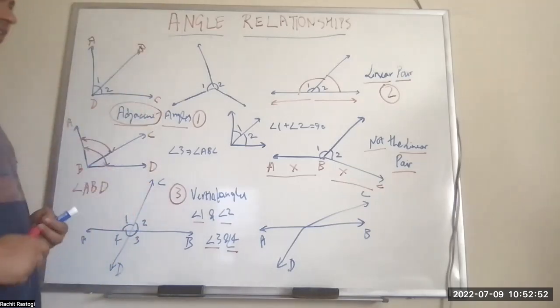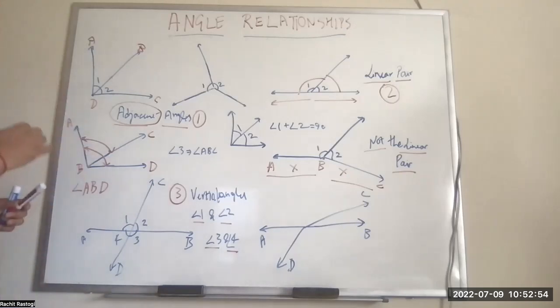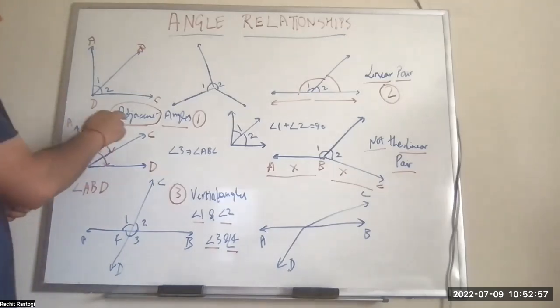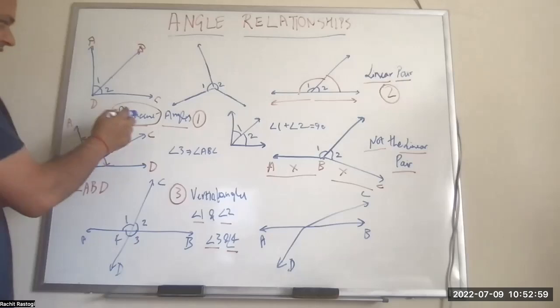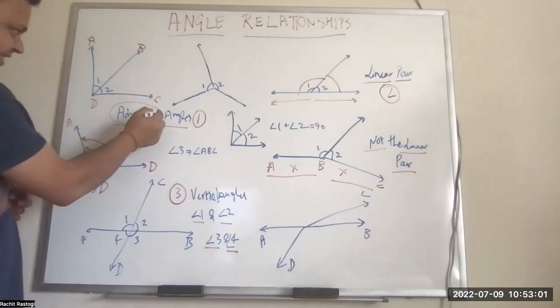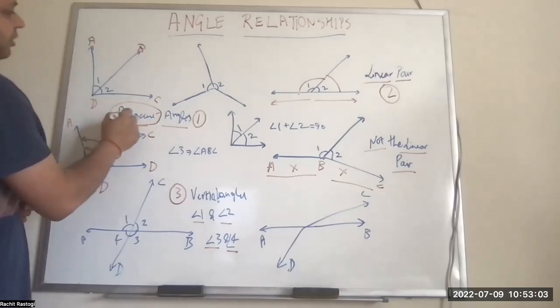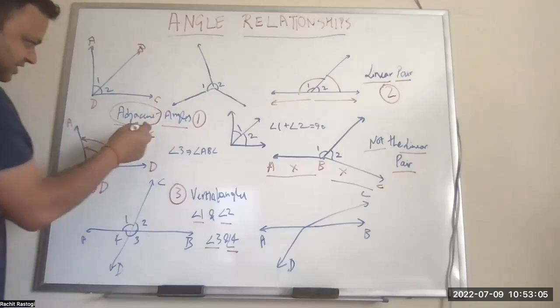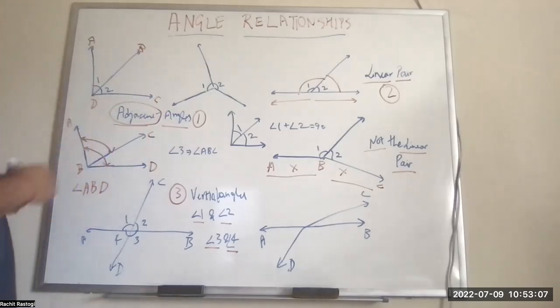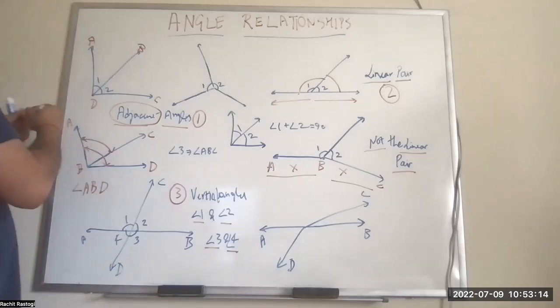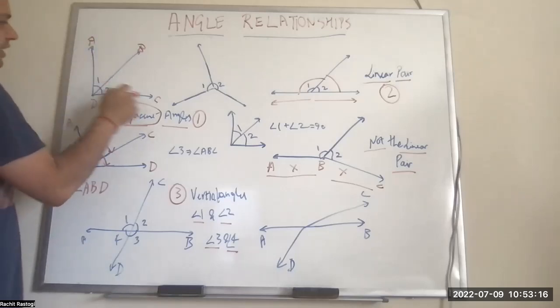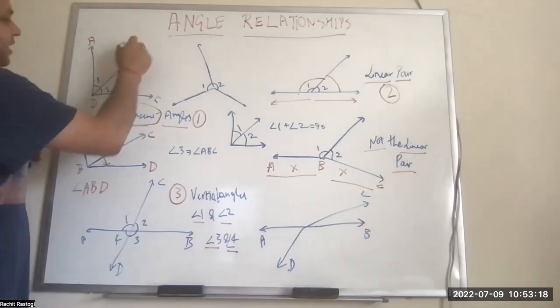There'll be several scenarios. The first scenario that we're going to talk about is adjacent angles. The word here is catchy. When I say adjacent angles, I'm talking about two angles which are next to each other in any way. The basic one is this one, wherein you see angle ADC, and there's another line DB.